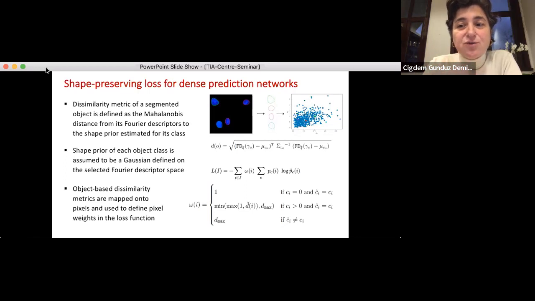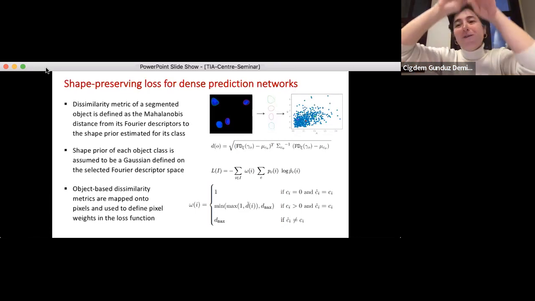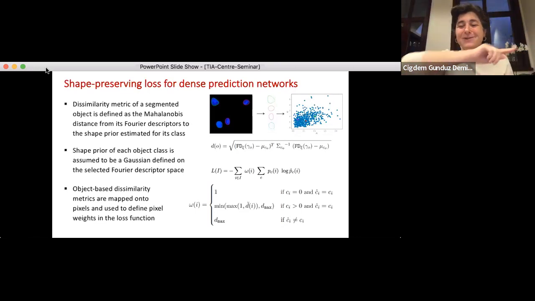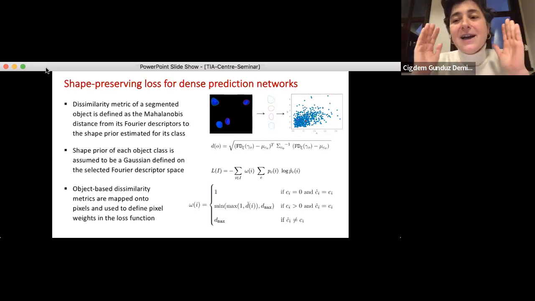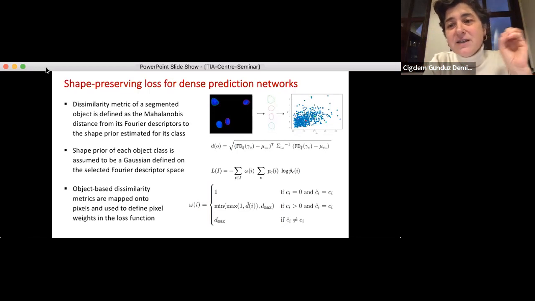So here we assume that they follow Gaussian, so these Fourier descriptors have the mean vector and some covariance matrix, so you know how they distribute. For example, you have such a distribution if you have a single one-dimensional Fourier descriptor, and now that is what you know. And now you have the estimations. These estimations could be anywhere.